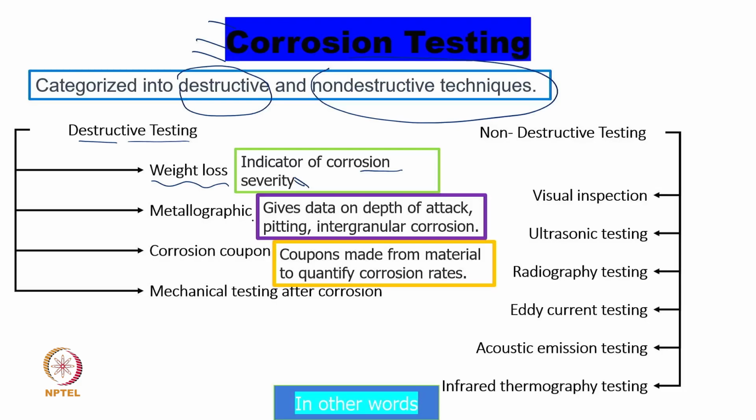There is another thing which we have learned, the metallography. Metallographic investigation provides data to us, and those data will be really useful to predict the residual life of the system.